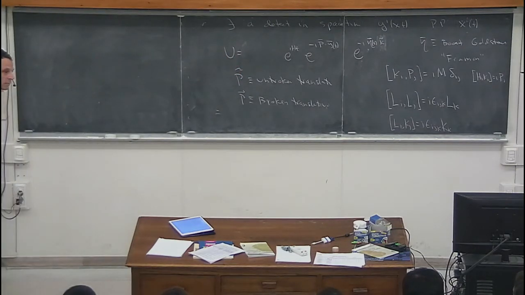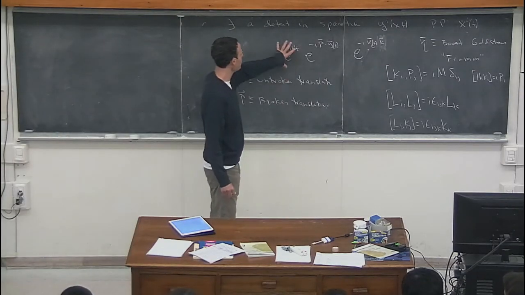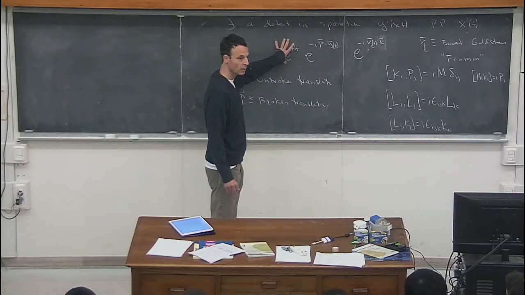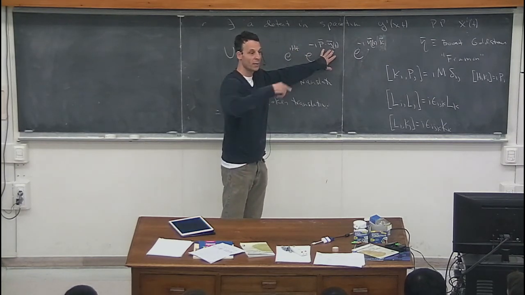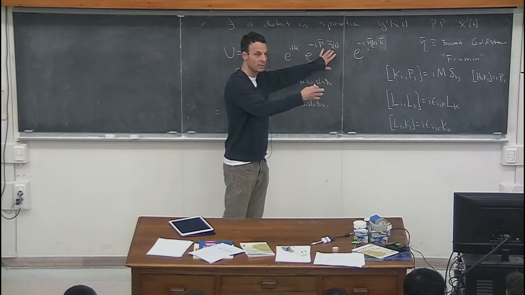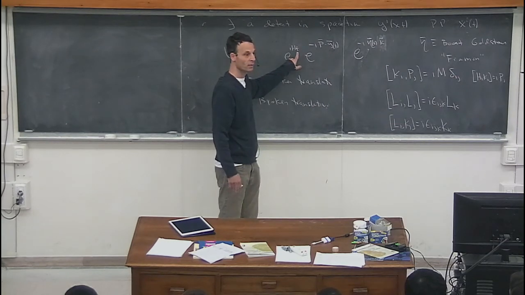Does that make sense? Remember I said that all the unbroken generators get dotted into the coordinate. All the broken generators get dotted into the coordinate embedding of the defect. This is the coordinate of the defect. This is just the coordinate.